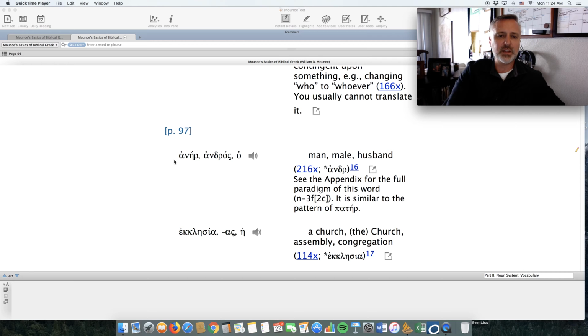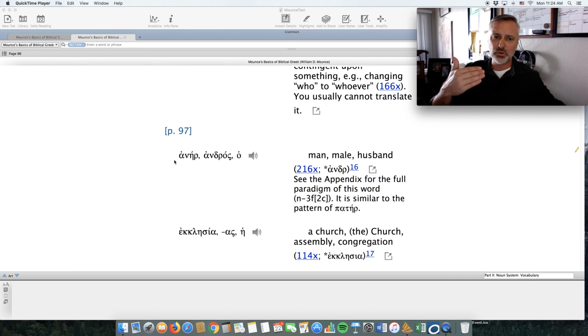In the chapter, it declines a lot like pater, which is going to be one of our words down there. But if you want to see a full paradigm for aner, you can look in your book on page 348 at the bottom of the page, third column over. There's a full paradigm for aner and how that declines. Really, you don't have to memorize this.